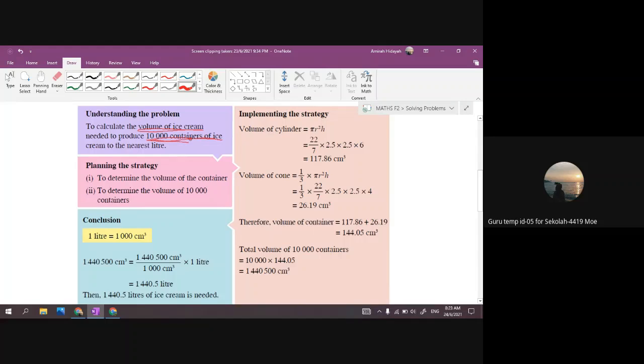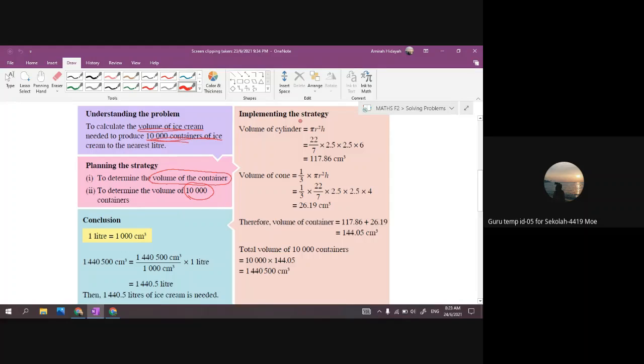And then plan the strategy. First you need to determine the volume of one container. Bila dah tahu volume untuk one container, then you can just multiply with 10,000, since the question wants us to find the volume for 10,000 containers.